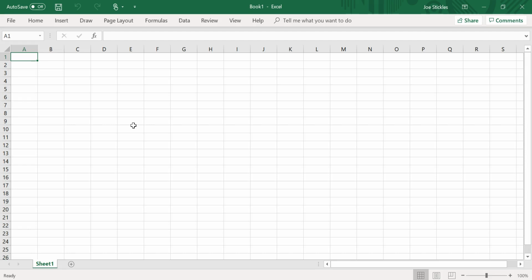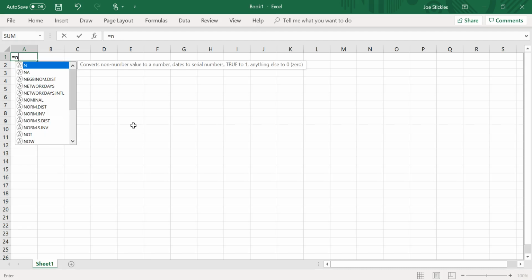So if you want to figure out those classes, so each one has a 10% chance of happening, we can use the normal inverse command.